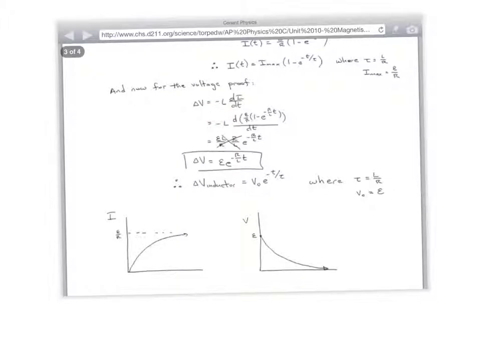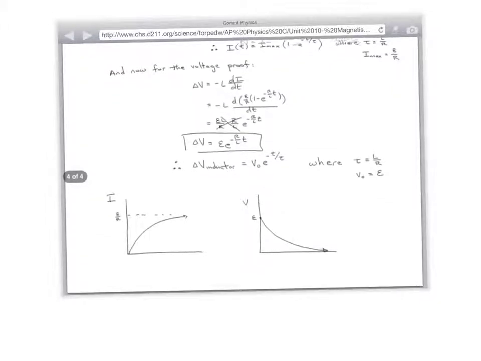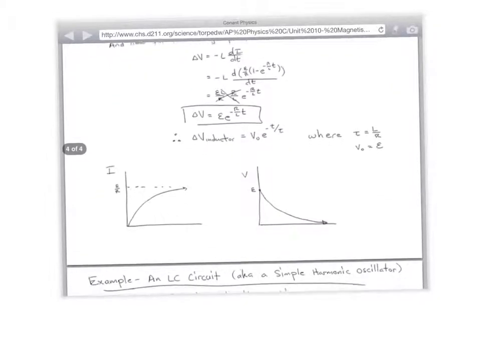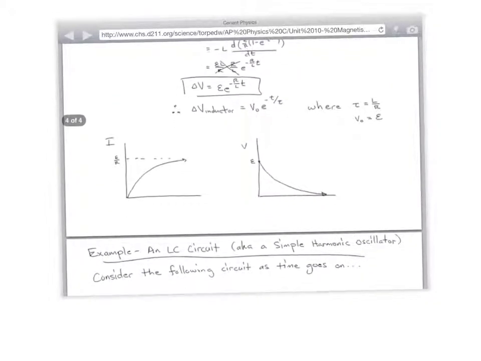That whole equation that we just derived up here, we take the derivative of it. So the voltage is just the derivative of the current times L. And so you end up with the EMF e to the negative R over L times t, which is decay. All right, so fine, let's move on. Okay, so that was the easy one.